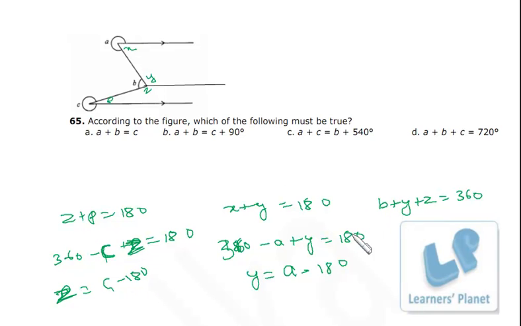So B plus, instead of Y, A minus 180, instead of Z, C minus 180 is equal to 360. So what we are getting, A plus B plus C is equal to 720. Okay, so I hope it's clear to you.